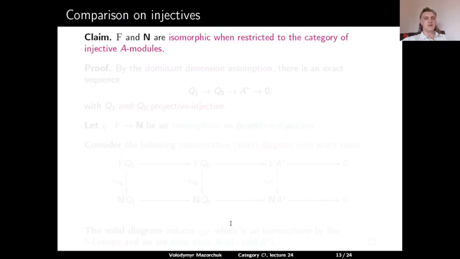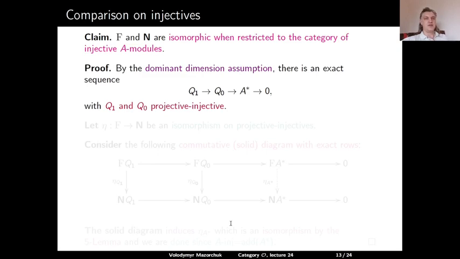And now let us compare the functor F from the formulation of this characterization with the Nakayama functor on injective modules. So the claim is that these two functors are isomorphic when restricted to the category of injective A modules. Proof. We have assumed that both A and A op have the dominant dimension property with respect to projective injective modules.